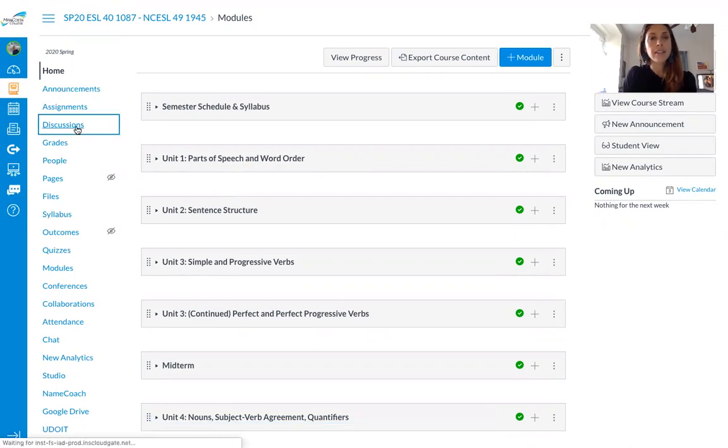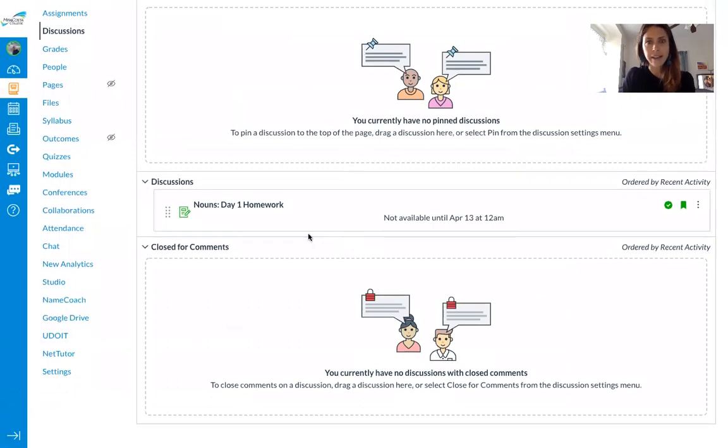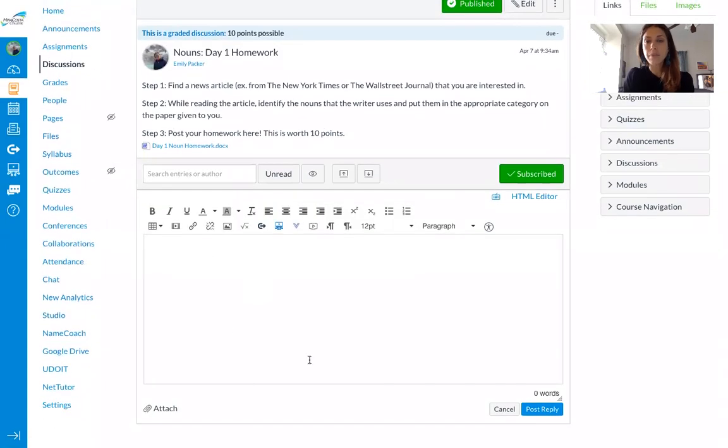Then in the discussions, the only discussion that's there, I think, as of right now, is nouns day 1 homework. So you're going to click into that. It has the directions, it has the paper that you need, and then in order to submit it, you're going to press reply. You can copy and paste your homework into here, or you can attach it as a worksheet.